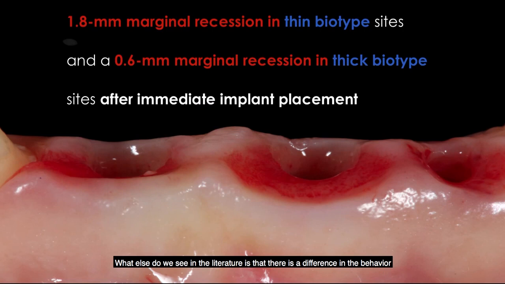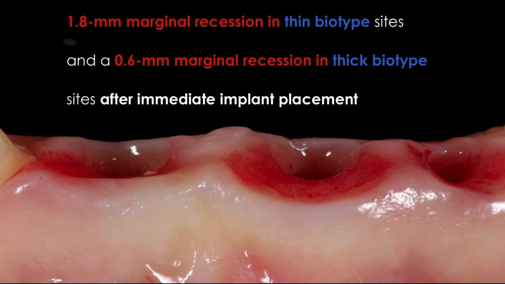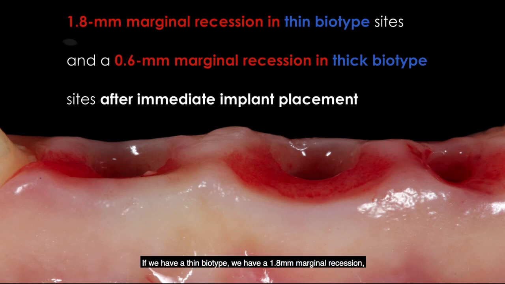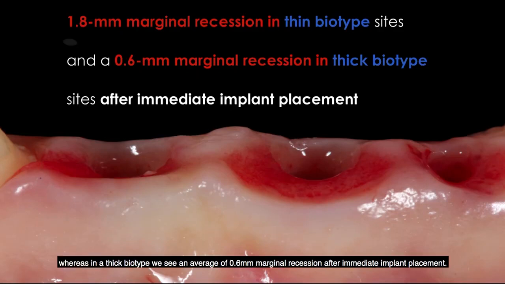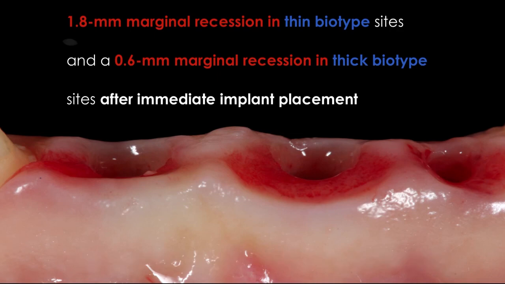What else do we see in the literature is that there is a difference in the behavior of an immediate implant placed in the extraction socket, depending on the tissue biotype. If we have a thin biotype, we have a 1.8 millimeter marginal recession, whereas in a thick biotype, we see an average of 0.6 millimeter marginal recession after immediate implant placement.